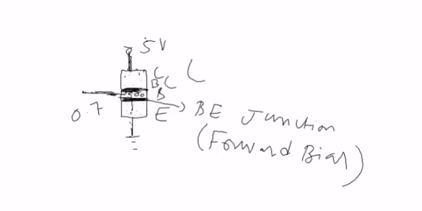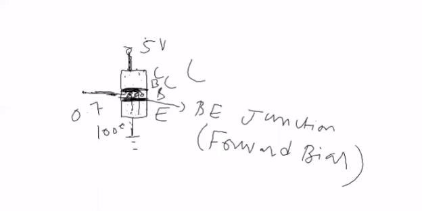because when the majority carriers from the emitter come to the base region, the base region has a very low number of holes. So few electrons, for example, if 100 electrons come from the emitter region, only 2 or 3 electrons combine with the holes in the base region.